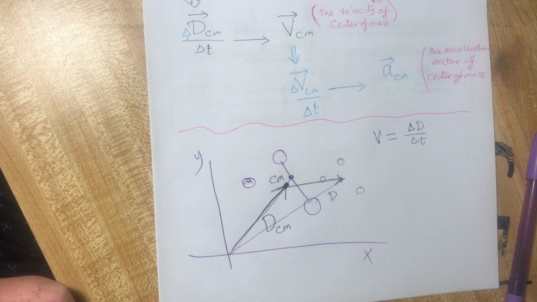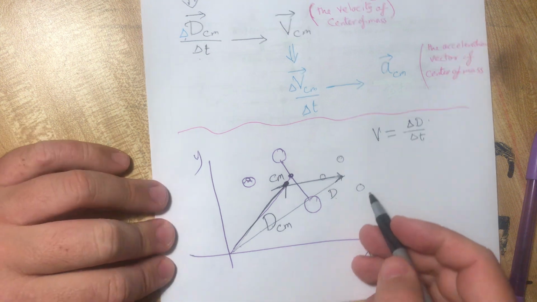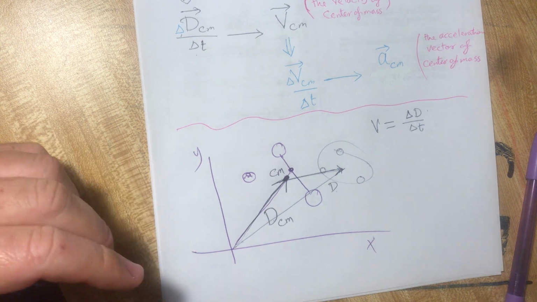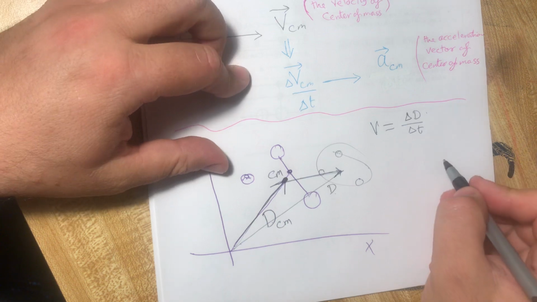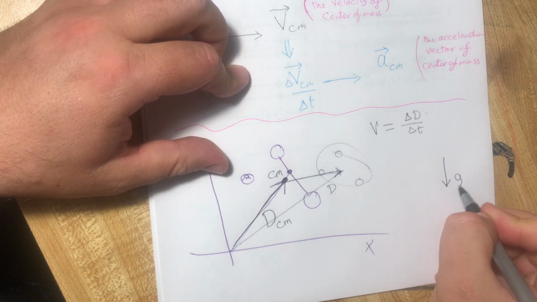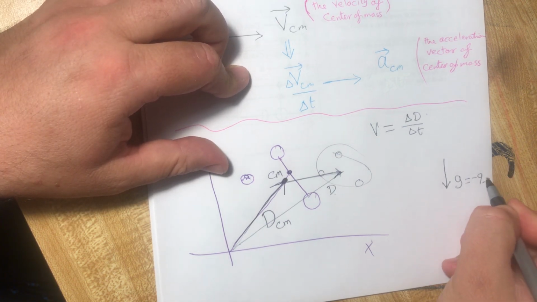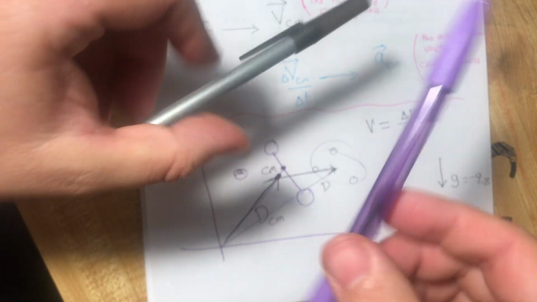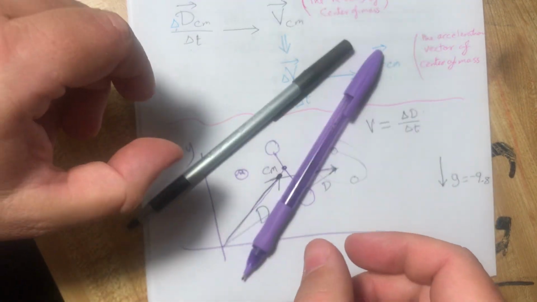Also, if we find that the velocity is changing with time, then the center of mass for these bodies is accelerated. If we have just one body under free fall, we know the free fall acceleration downward is equal to g, which is minus 9.8. What if we have two bodies, both under free fall?